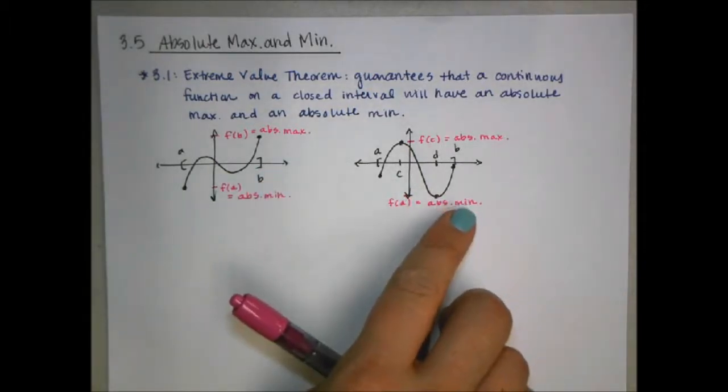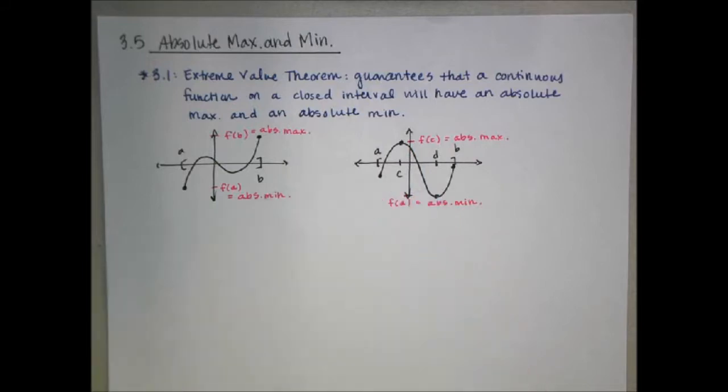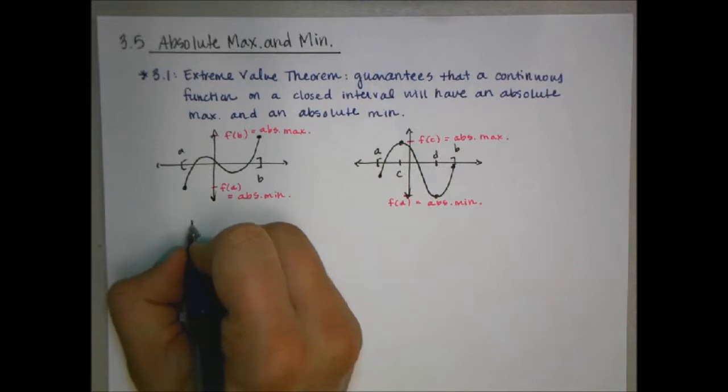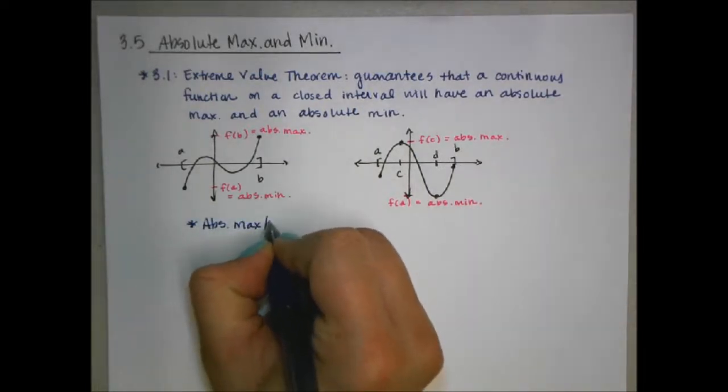What we're trying to see here between the two examples is where these values can occur. So in the first case, they occur at the endpoints of the closed interval. In the second example, they occur at the relative max and min, or the critical numbers of our function. So those are the two possible cases that we have.